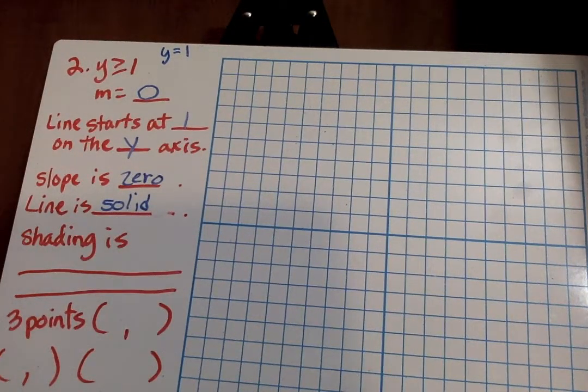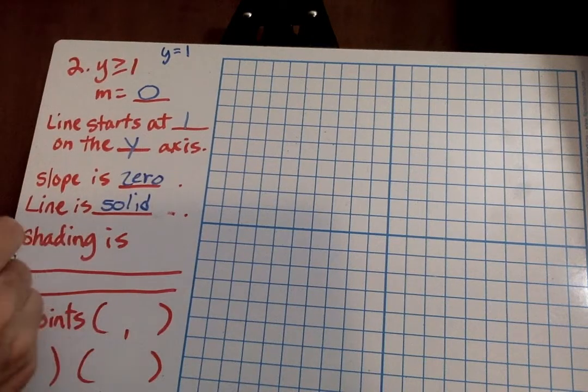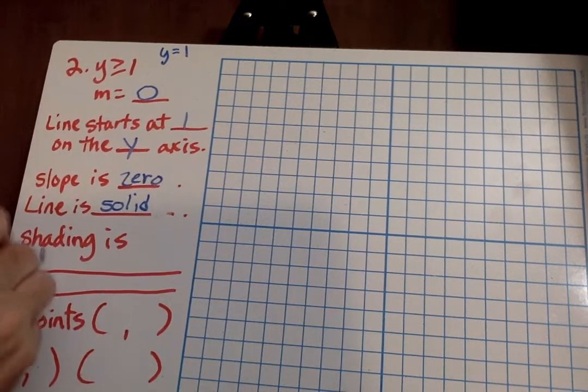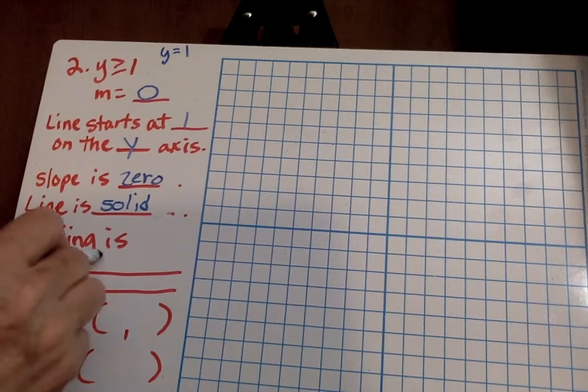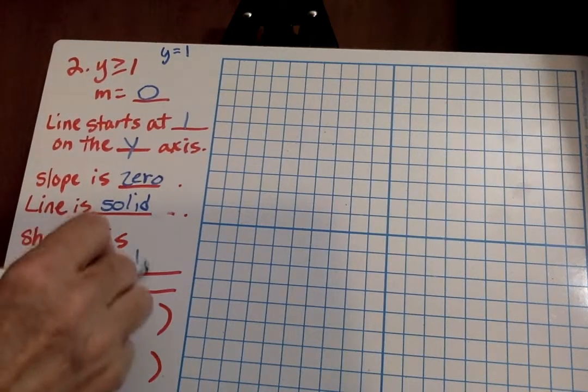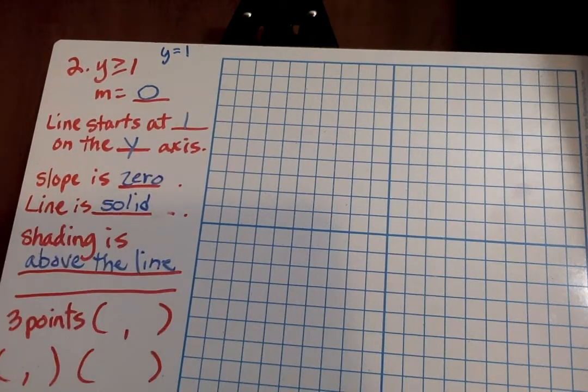Shading is what? If it's greater than, it's got to be above the line. So it's shading above and to the right of the line.